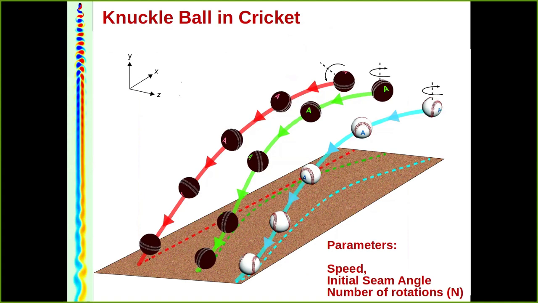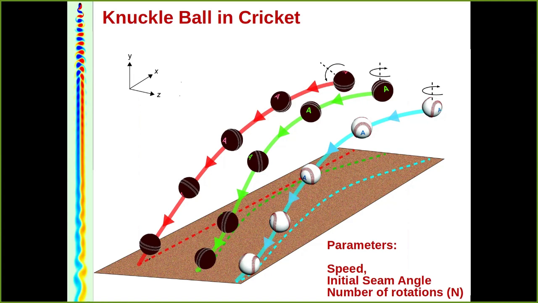This is what people call a knuckleball in cricket. So you take a ball, hold it with knuckles so that there is no backspin on it, and it turns very little, maybe one or two revolutions throughout its trajectory. So that is marked by this letter A. So the spin is along the horizontal axis.